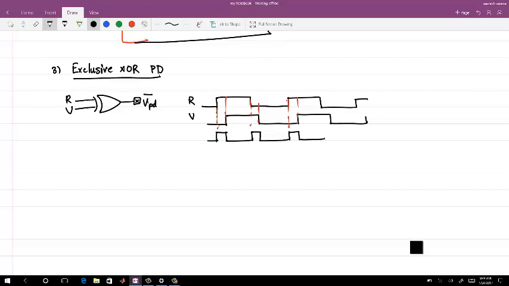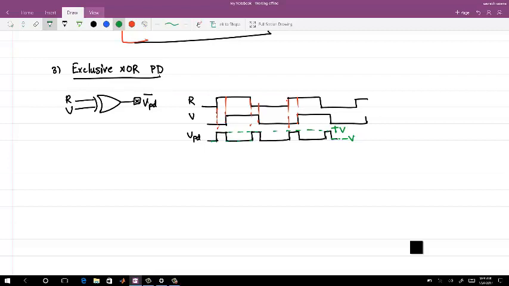I am treating the top as voltage plus V and the bottom one as voltage minus V. You can treat it as 0 or 1, that doesn't make any difference.